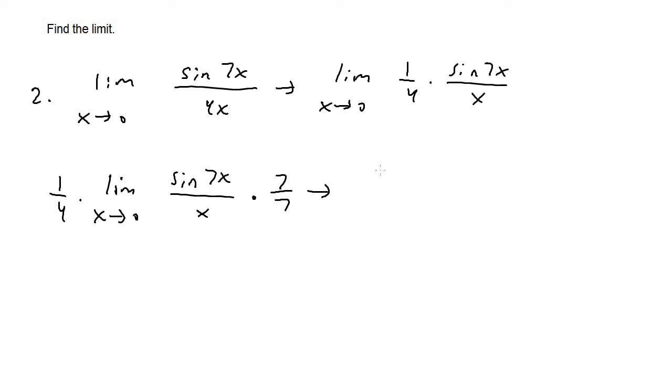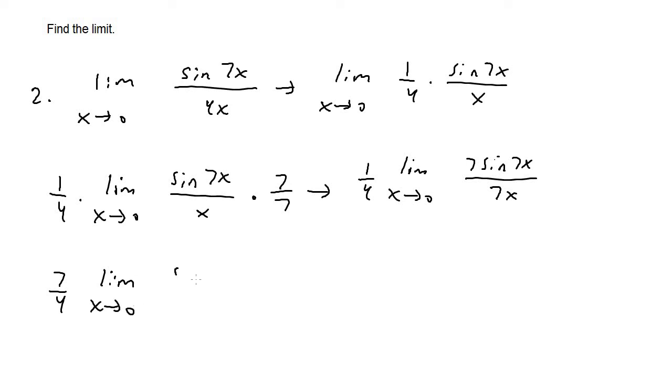Now what we'll get here is 1 over 4 times the limit as x approaches 0 of 7 sine of 7x over 7x. Now 7 is just a constant, so I can take that outside the limit. So we get 7 times 1 over 4, which is 7 over 4, times the limit as x approaches 0 of sine of 7x over 7x.